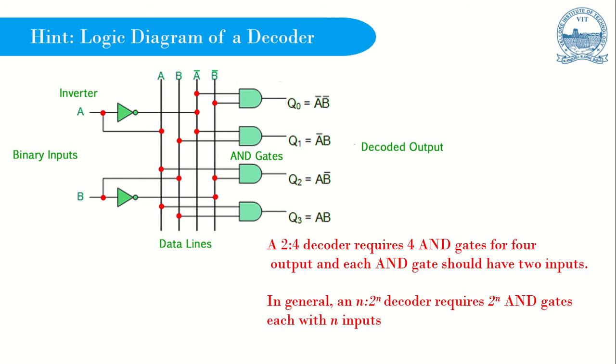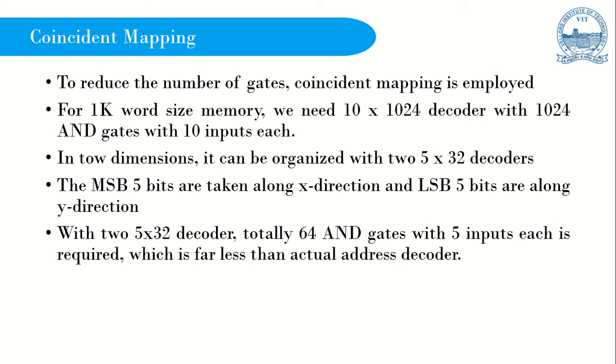I want to address a 1 KB memory, 1 kilobyte of memory. For addressing 1 kilo memory locations, that is 1024 memory locations, I need an address size of 10 bits.